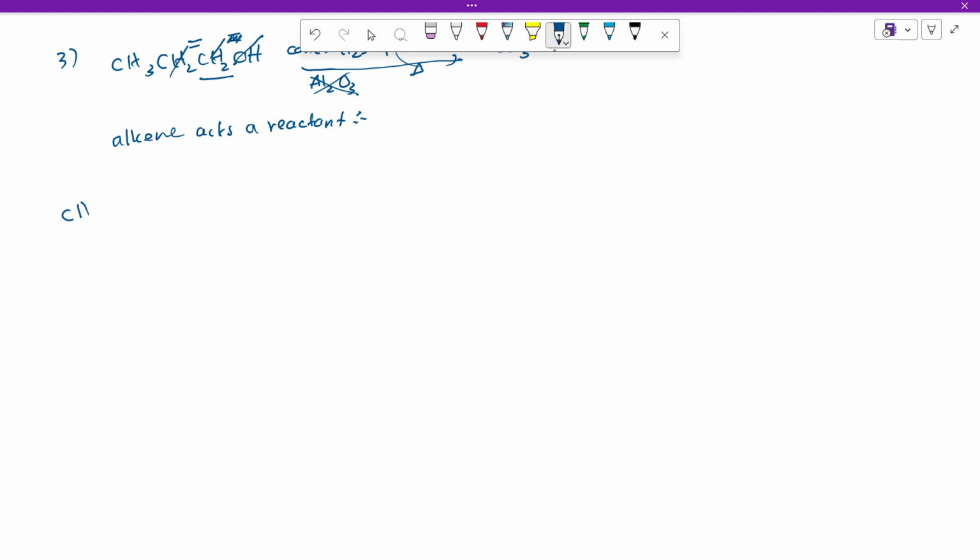So better write the alkene first, CH3CH=CH2. Once you add hydrogen and nickel, you get an alkane. So CH3CH2CH3, okay.